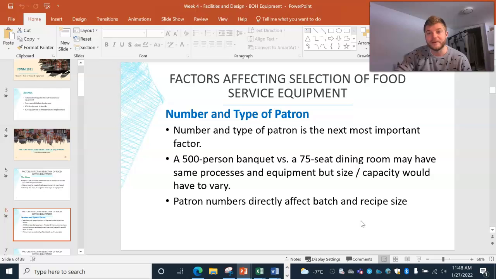How many customers do you expect to see in a dining period, right? So if you have a capacity for 220 people, logically you have to assume that amongst all of your equipment, you may have 220 entrees or meals being created within a fairly small amount of time. So you have to keep in mind that should you need to, your equipment can handle it.